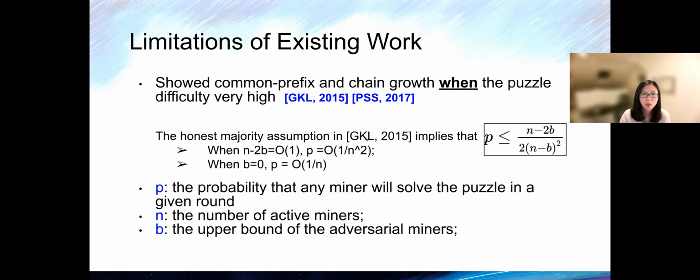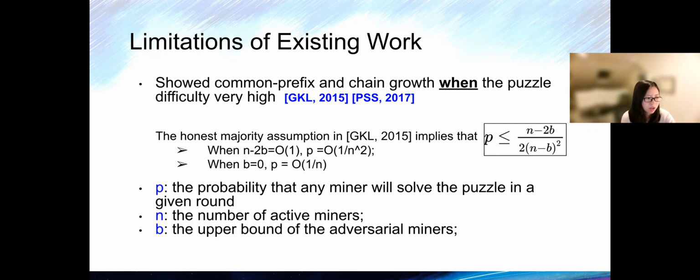For example, those two seminal works first built a model and were able to analyze the correctness in terms of the existence of common prefix and the chain growth of those local blockchains, but only under the regime where the puzzle difficulty is very, very high.